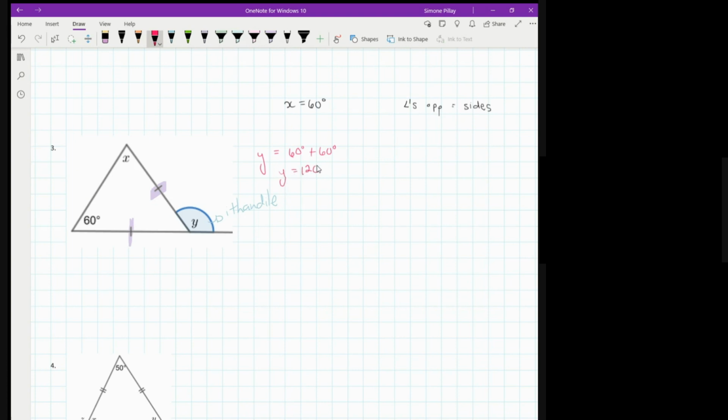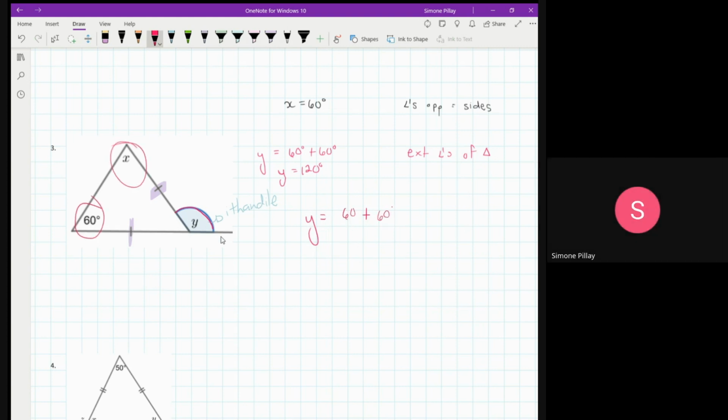You only got one mark here, Itandile. Why? Because of exterior angles of a triangle. So what Itandile has said, she saw an exterior angle. We know the exterior angle is equal to the sum of my interior opposite angles, and we know those are both 60.